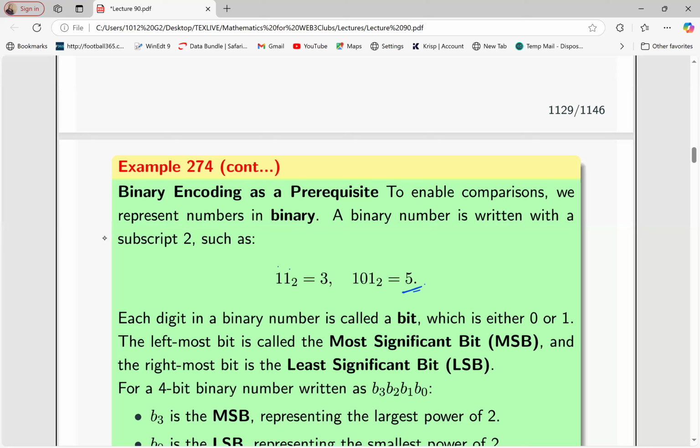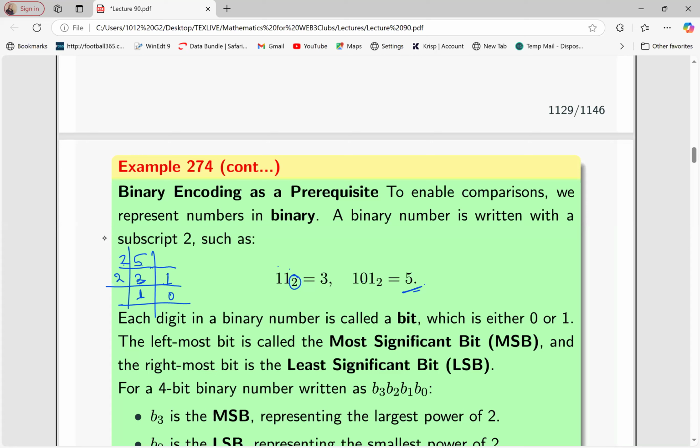It's a decimal number. To convert to binary, we usually divide by 2, which is our base, and note the remainder at every stage. So for instance, 2 goes here twice, but we are interested in the remainder, which is 1. Then 2 goes here once, and the remainder is 0.